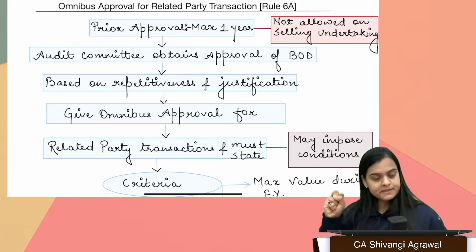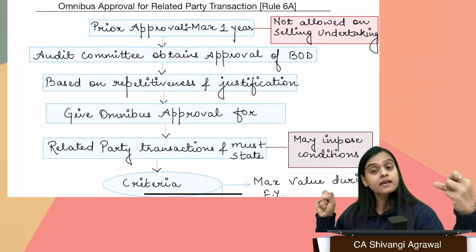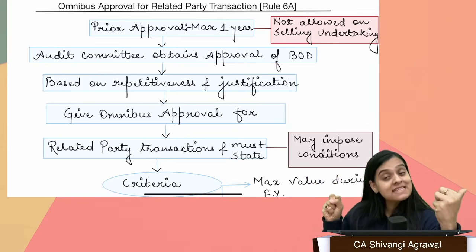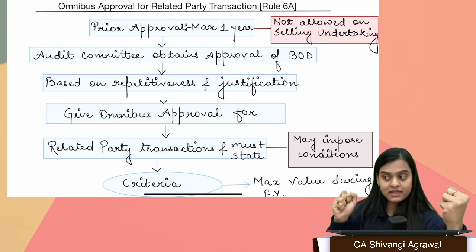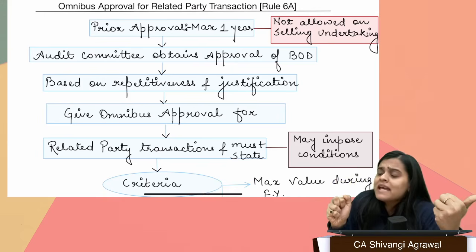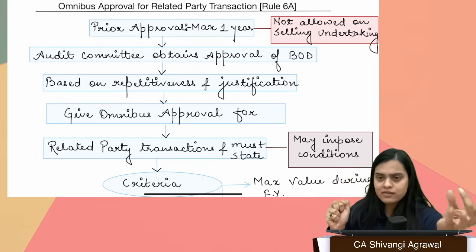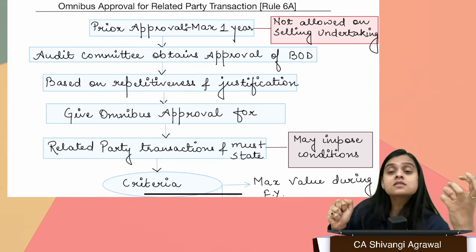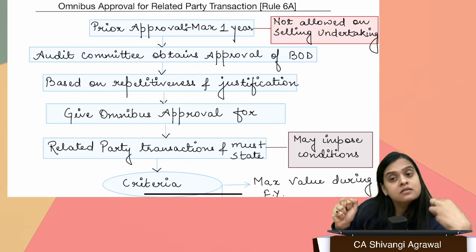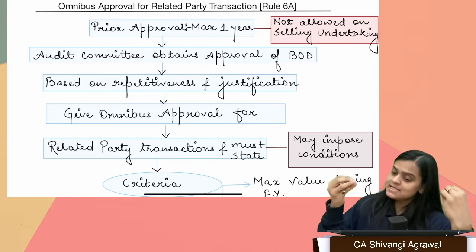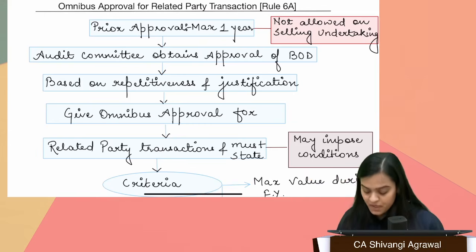So, there is a company, and this is director's brother. Director's brother has a building which he has given on lease to the company. So every month company has to pay a lease rental of 2 lakhs or 5 lakhs, whatever it is, to this director's relative. So it is a related party transaction and it needs approval of audit committee.